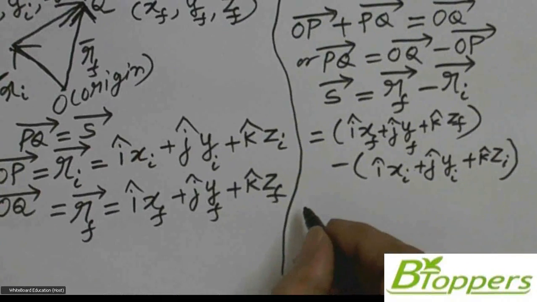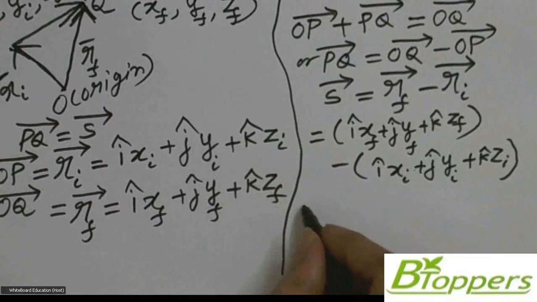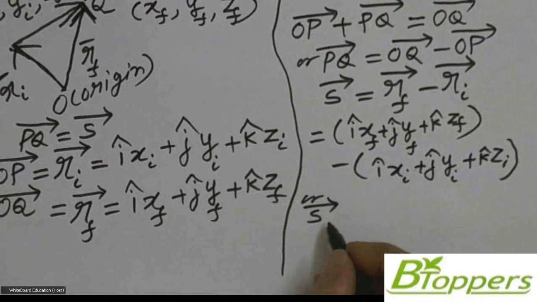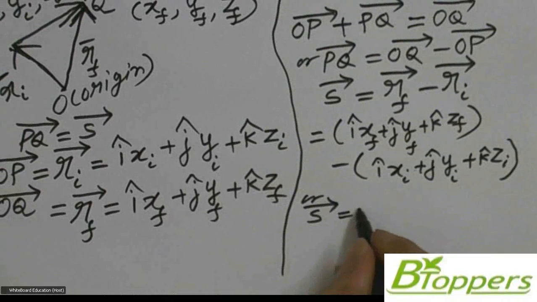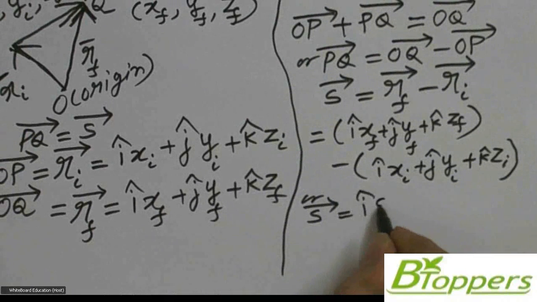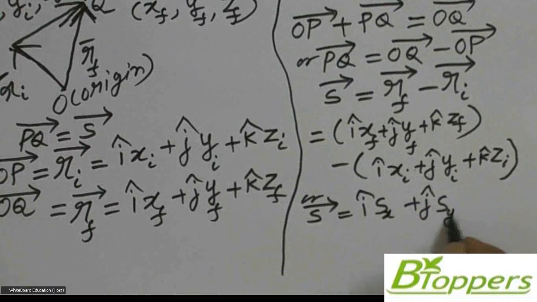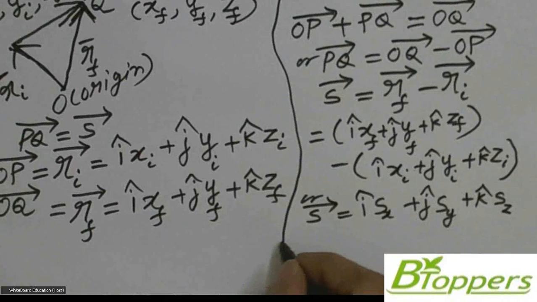So the displacement of the particle in vector form can be written as i cap into Sx plus j cap into Sy plus k cap into Sz.